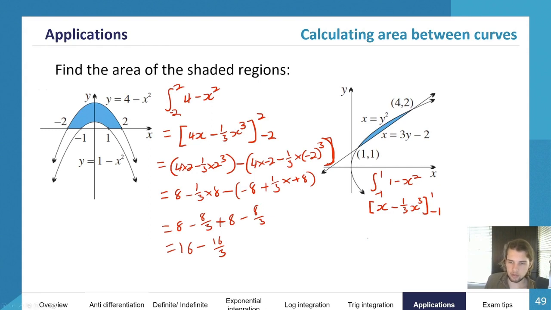So that's going to be our area. We have 1 minus 1 on 3 minus minus 1 minus 1 on 3 times minus 1.